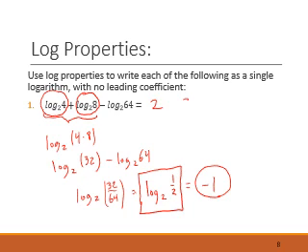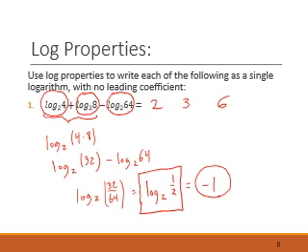Well, that would be 3. And then the final logarithm is asking you, 2 to what power is 64? Now, you might have to write that one out on paper to get the answer, but 2 to the 6th power is 64.